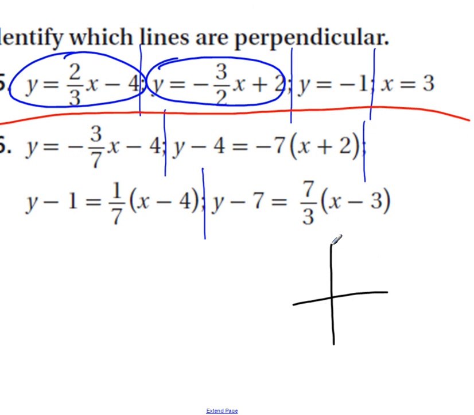It's a line where every point on that line, y is -1. So y is -1 here, it's -1 there, there, there. Which means y equals -1 makes what kind of line? Horizontal line.